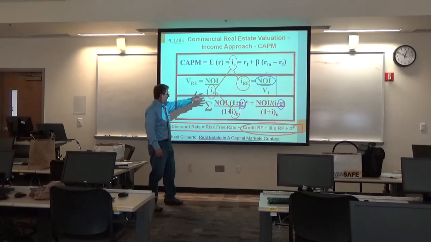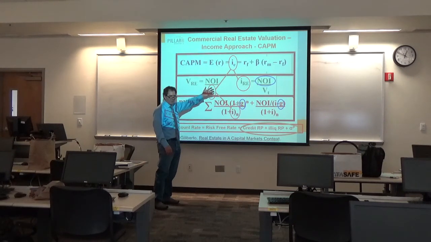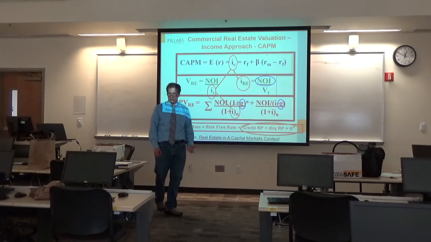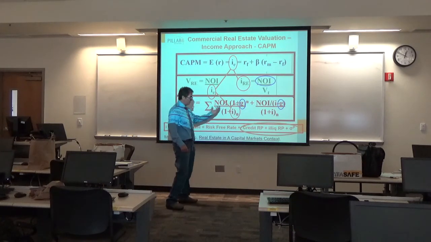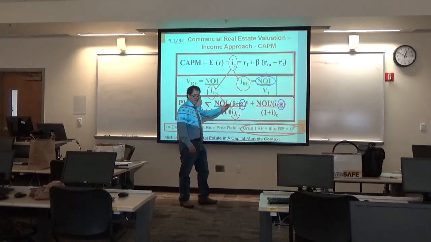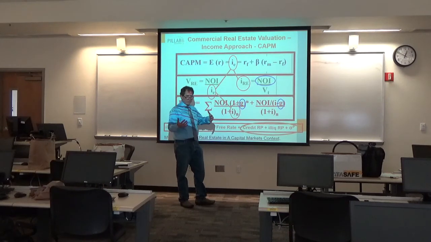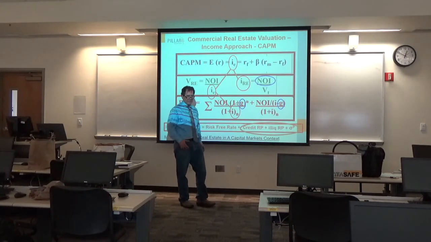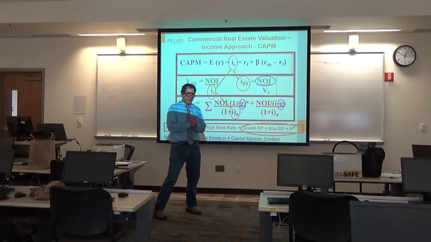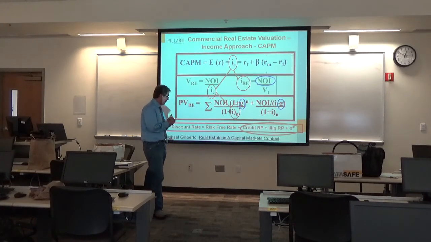Or you take net operating income from the real estate property or portfolio, divide by the cap rate, and you get the intrinsic value using the first income approach. The second income approach is you forecast the net operating income over your holding period plus the terminal value, and you discount it back at the discount rate, and your cap M is your expected return on the equity or your cost of the equity.